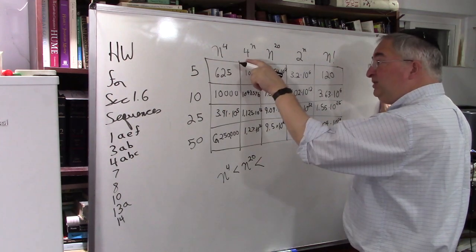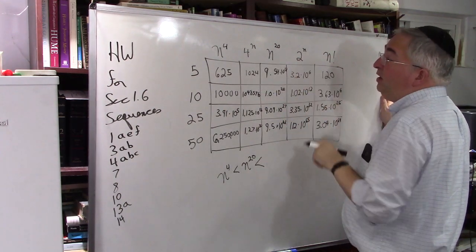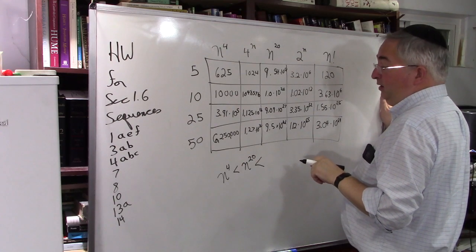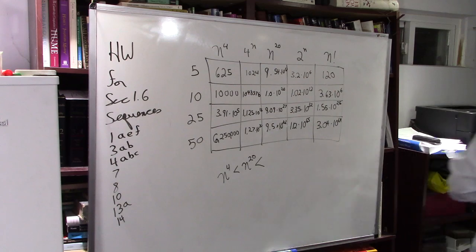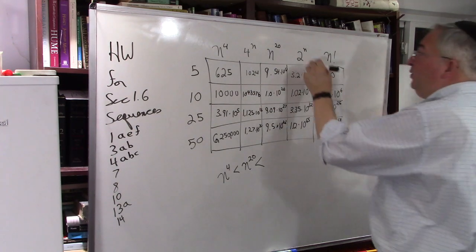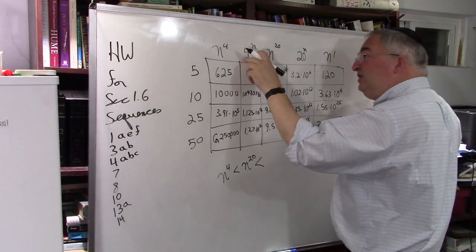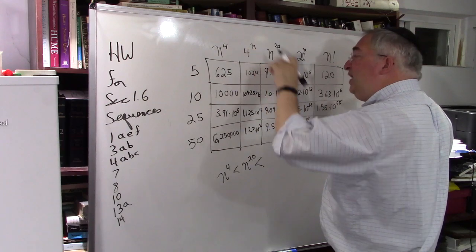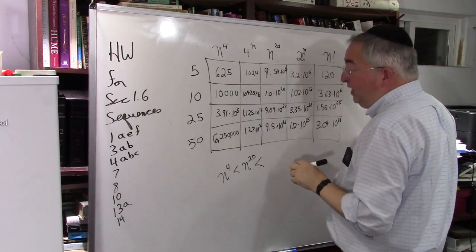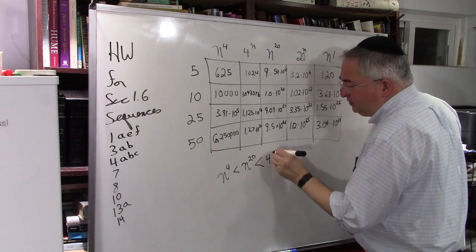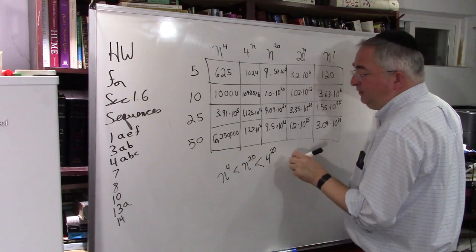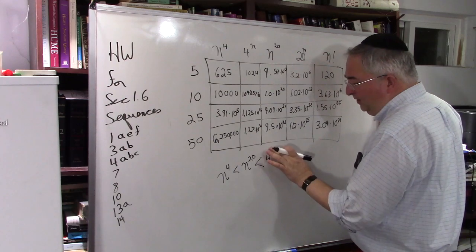So this exponential and this exponential are, nope, I think that's a 20 to the n. Sorry, that's a 20 to the n. So raising things to the 4 to the n power as opposed to 20 to the n power, 4 to the n is smaller, so that's an exponential.